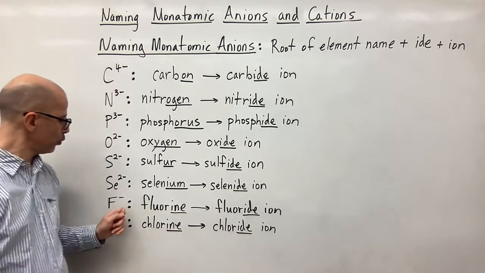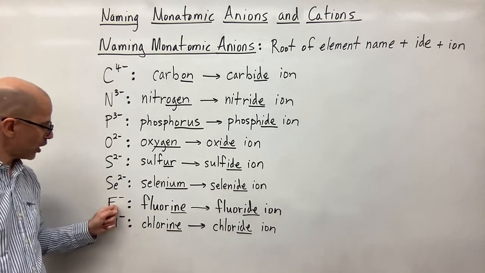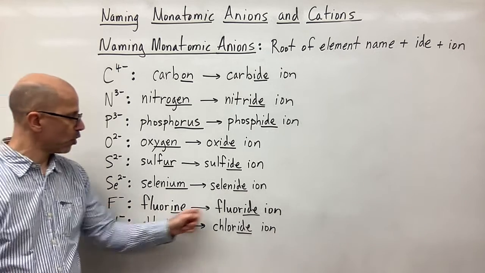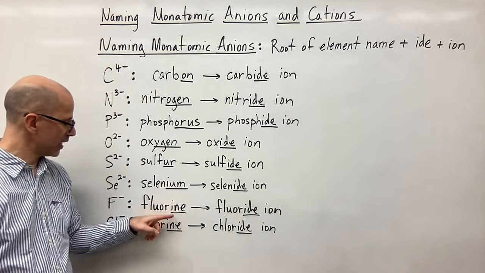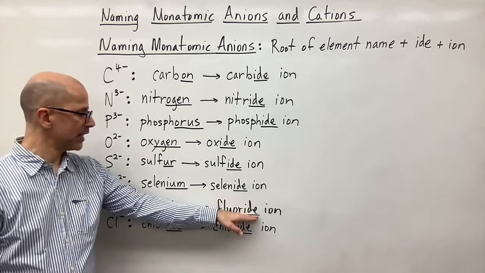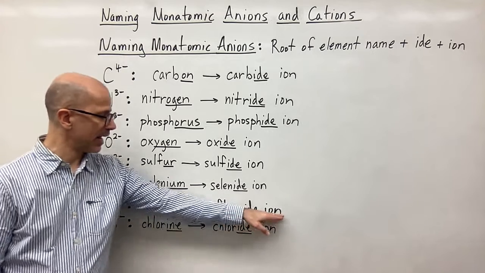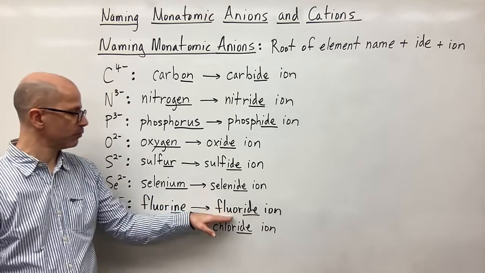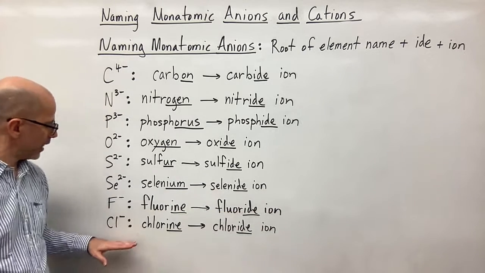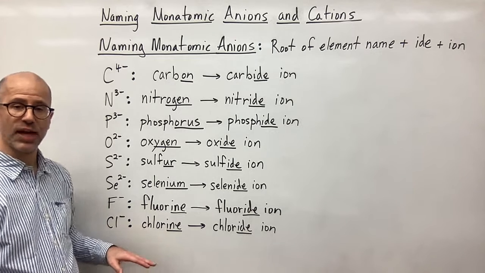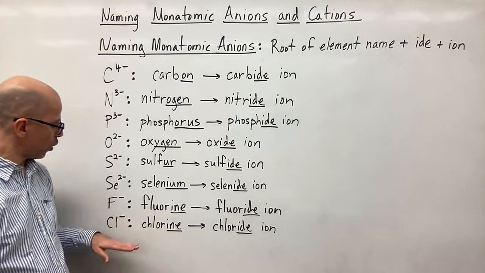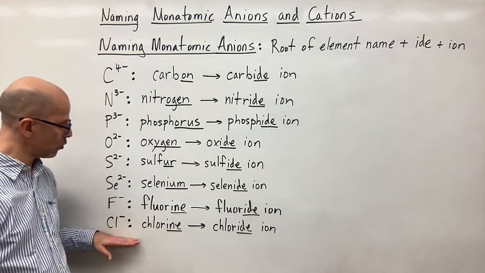And then fluorine with a charge becomes the fluoride ion. We drop the INE ending, so this ending gets dropped. We replace it with the IDE ending and add ion. So fluorine becomes the fluoride ion. And then continuing with the other halogens in group 7, the same thing occurs. So chlorine becomes the chloride ion.